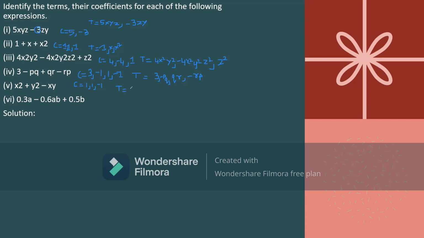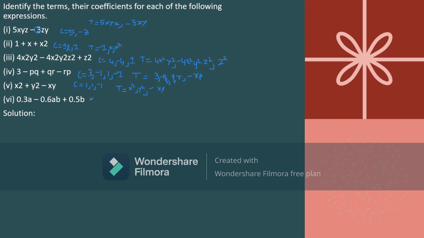The terms are x square, y square, minus xy. What are they? Minus xy.